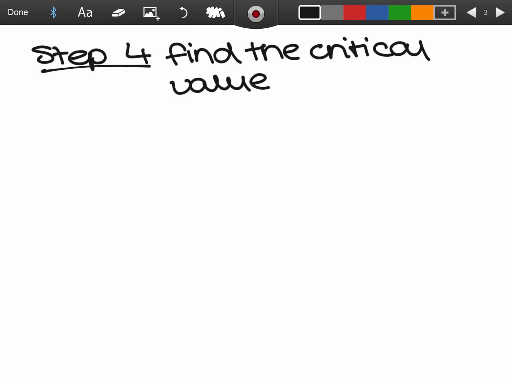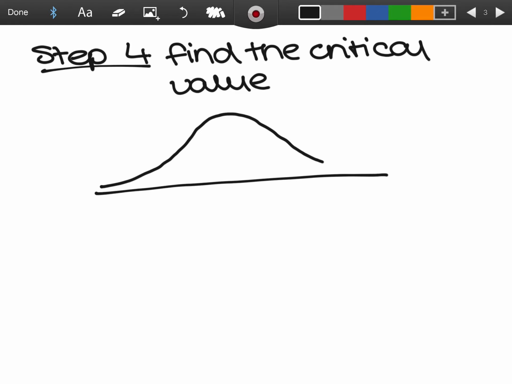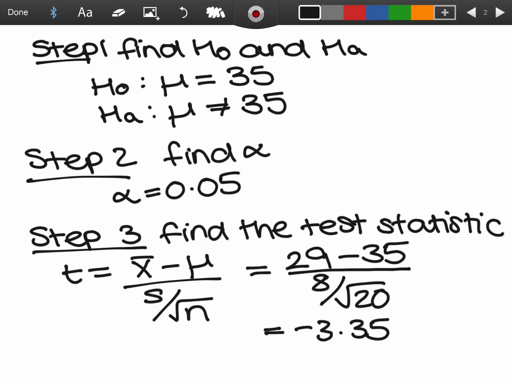When you do this, a student's t distribution looks very, very much like a normal distribution. And the greater your sample size is, the more it's going to look like a normal distribution. It's actually slightly flatter than a normal distribution, but it looks very much the same. In this case, we have a two-sided alternative hypothesis, which means it's two-tailed. We know that our significance level is 0.05.